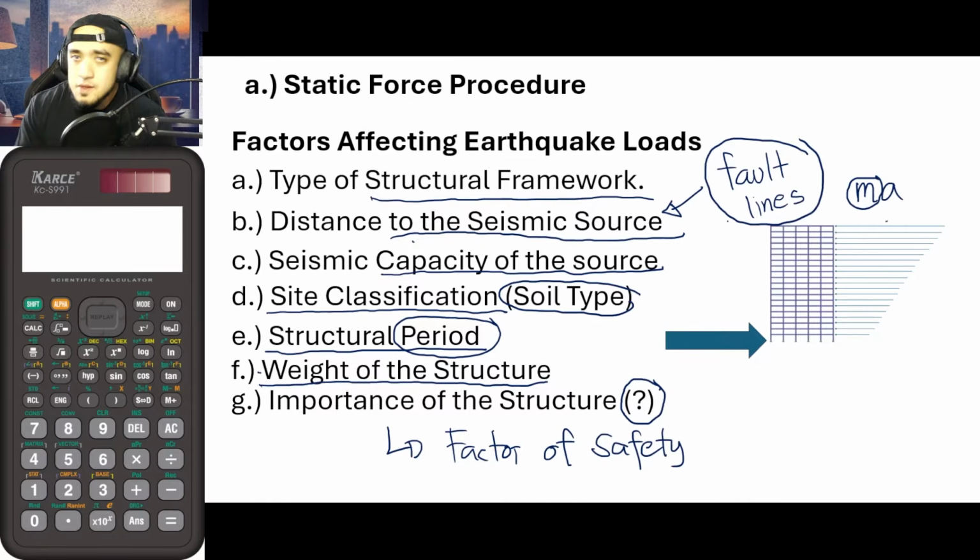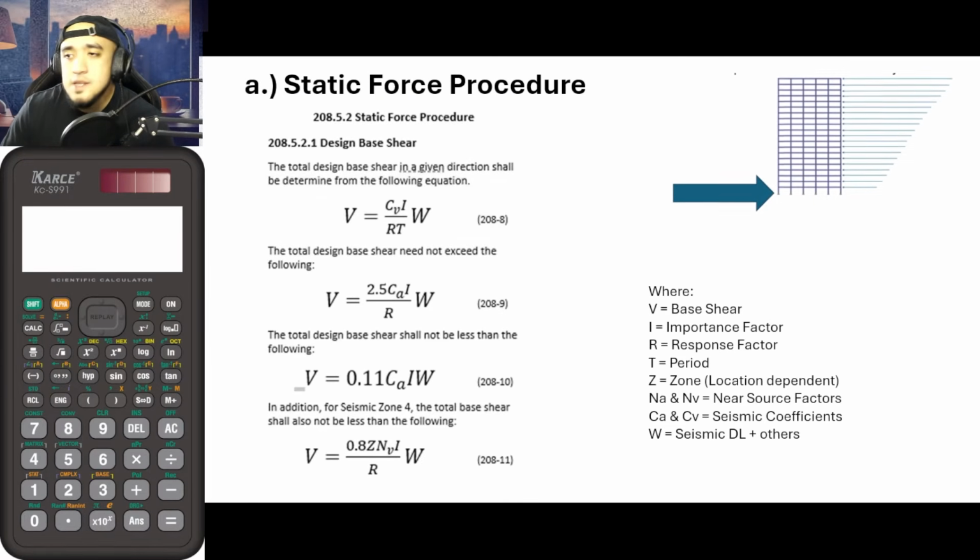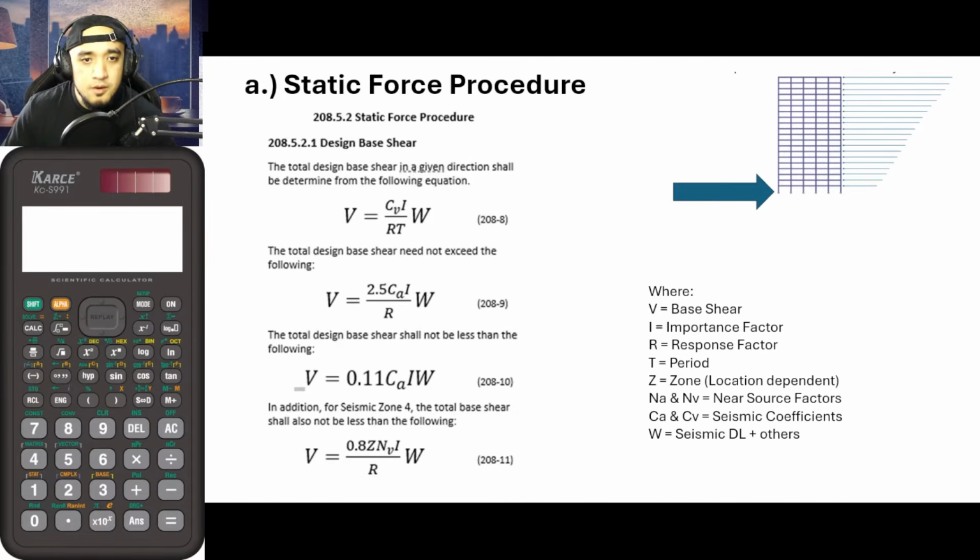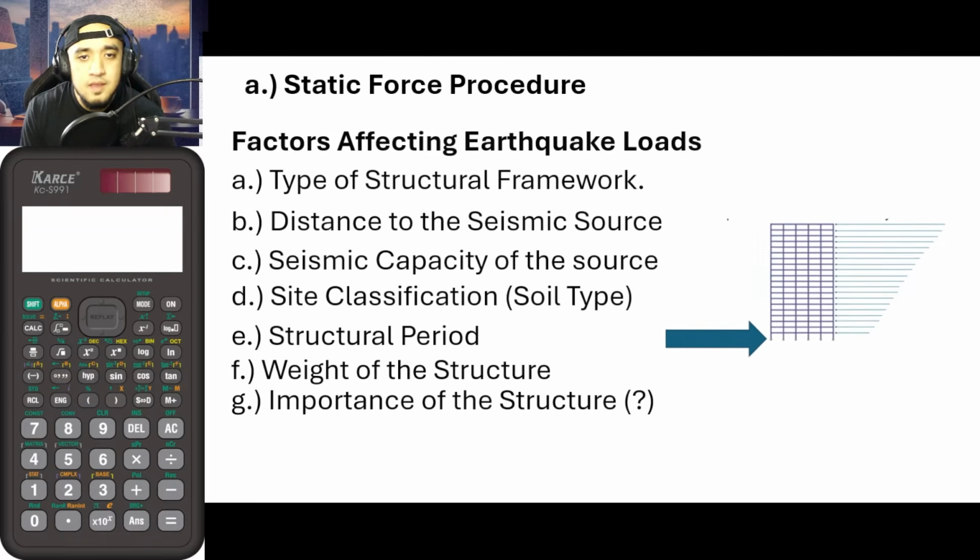So how can we now solve for the base shear using static force procedure? It is rather straightforward. We would just be making use of these equations here. It is easier than it looks. Just memorize these base shear formulas and just know how to get these values. So for these variables here, which are enumerated on this side of the video, they would represent these factors.